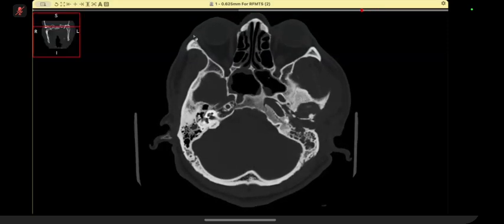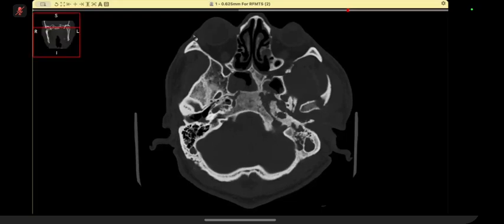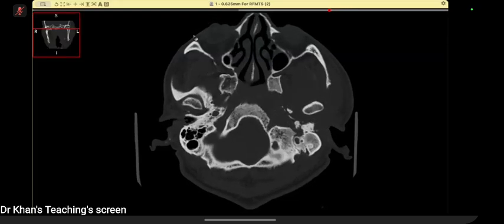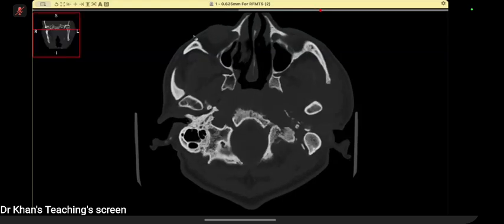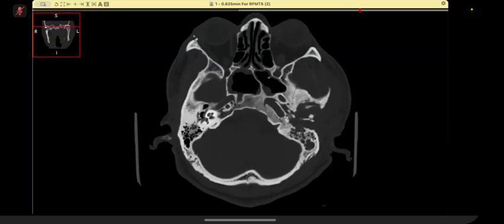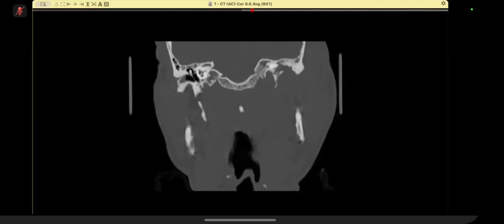So on this slide specifically, I can see that there is quite a significant bony destruction of the mastoid air cells, and there's fullness of the mastoid air cells, and there is destruction.